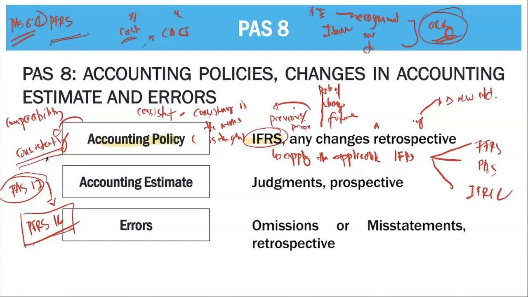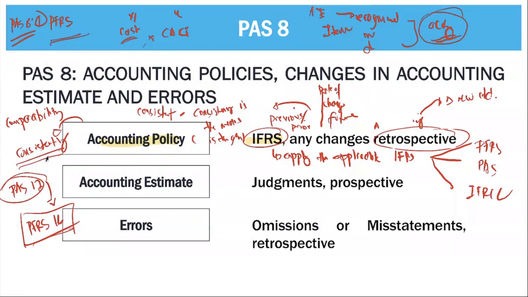Since there is a change in accounting policy, you change it retrospectively, which means all of your previous financial statements are changed. By virtue of PAS 8 and PAS 1, you present comparative financial statements from the earliest period of change.